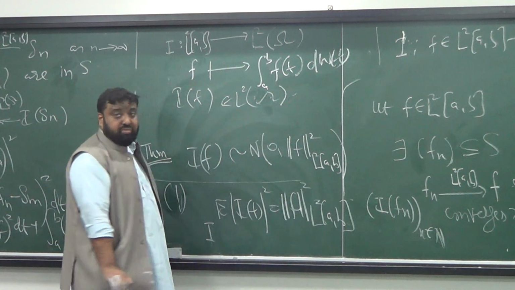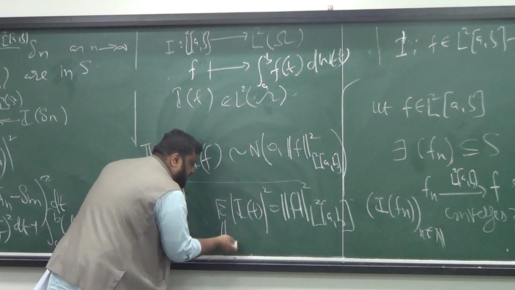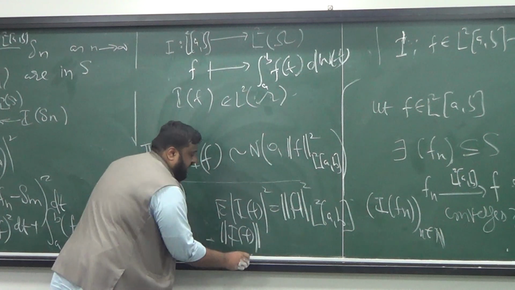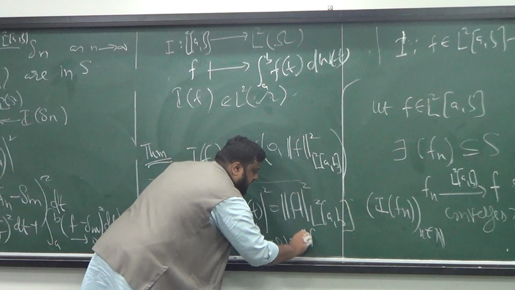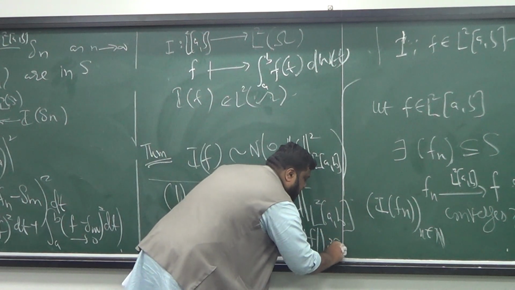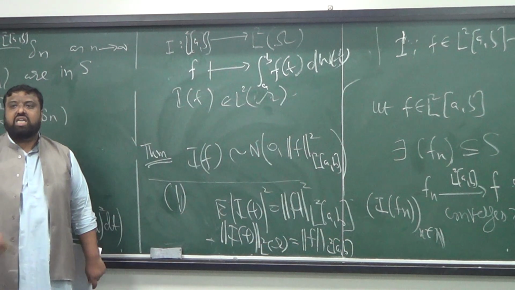So why is it called the Ito isometry? Can you think about it? Because this is the same as saying that you have the norm of I of f in L2(Omega) equal to the norm of f in L2(A,B). So in other words, I is a map that preserves the size of the function.